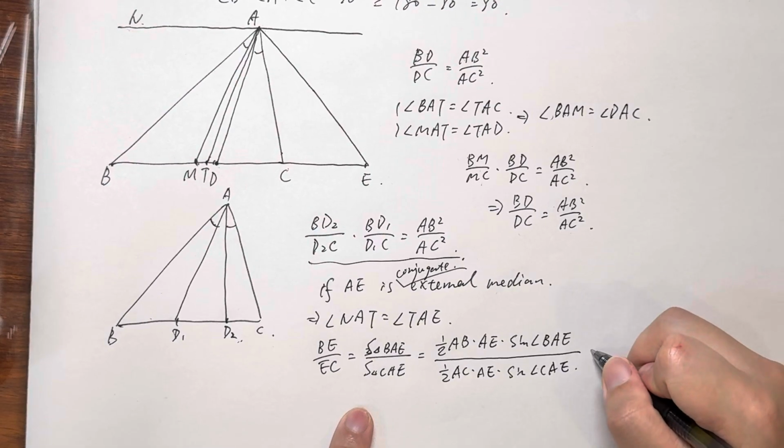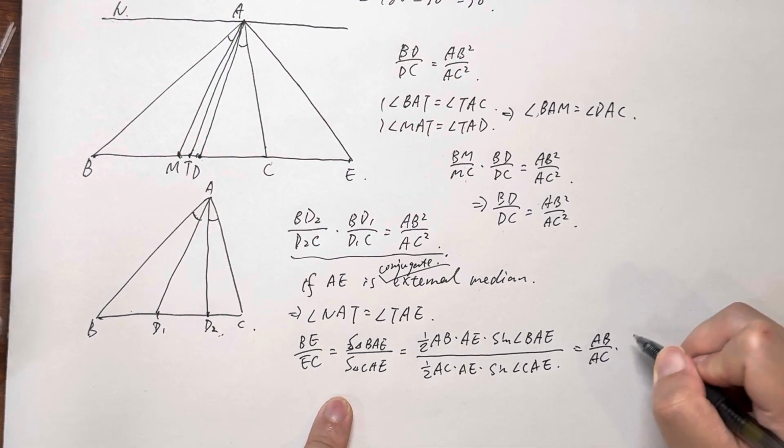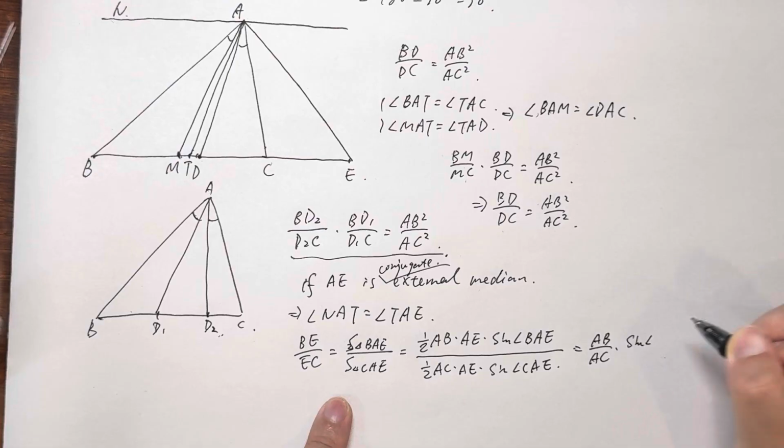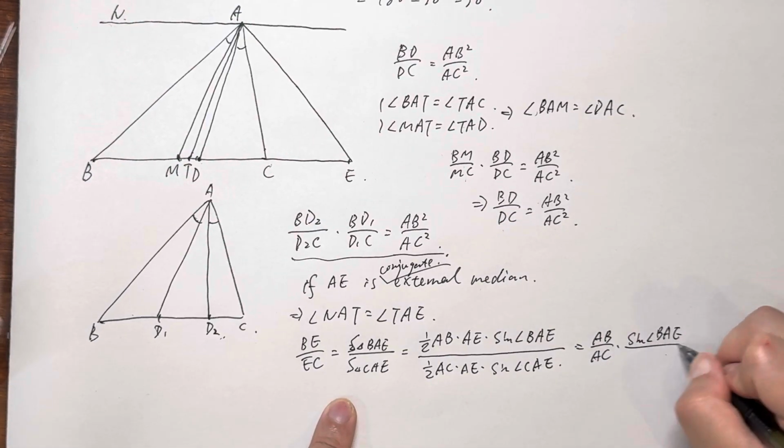Right, so which equals to AB to AC times sine angle BAE to sine angle CAE.